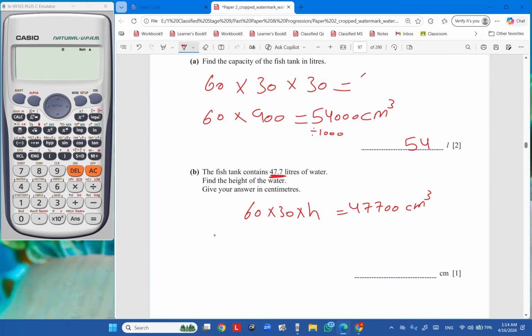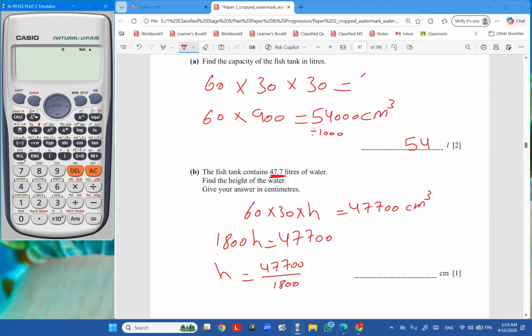So 60 by 30 is going to give you exactly 1,800 height equals 47,700. Dividing this by 1,800, let's do it. 47,700 divided by 1,800 equals exactly 26.5 centimeters.